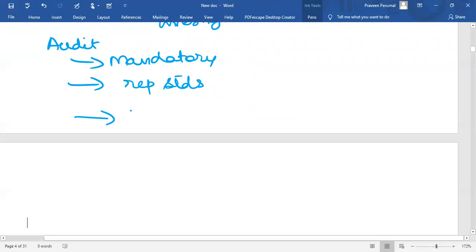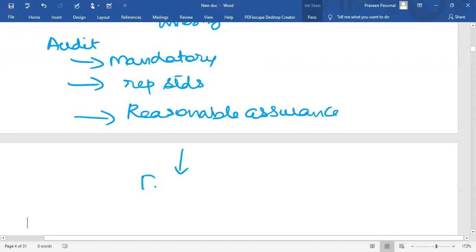Then in audit, you cannot get absolute assurance. You can get only reasonable assurance. What is the reasonable assurance you get? That financial statements are free from material misstatement.